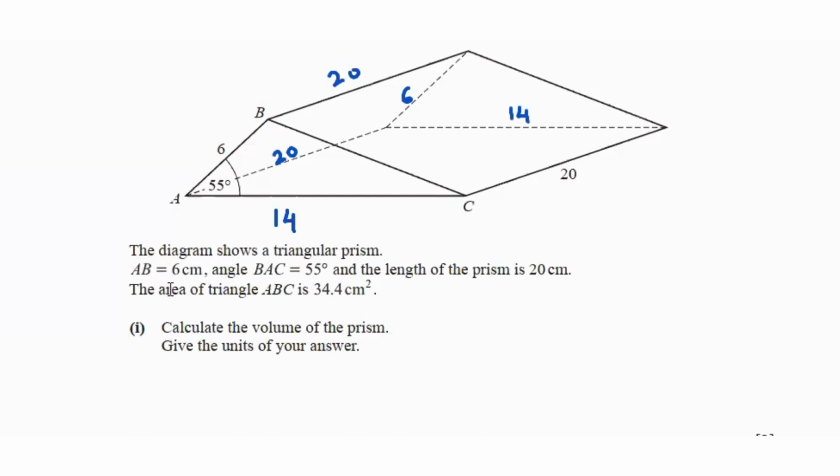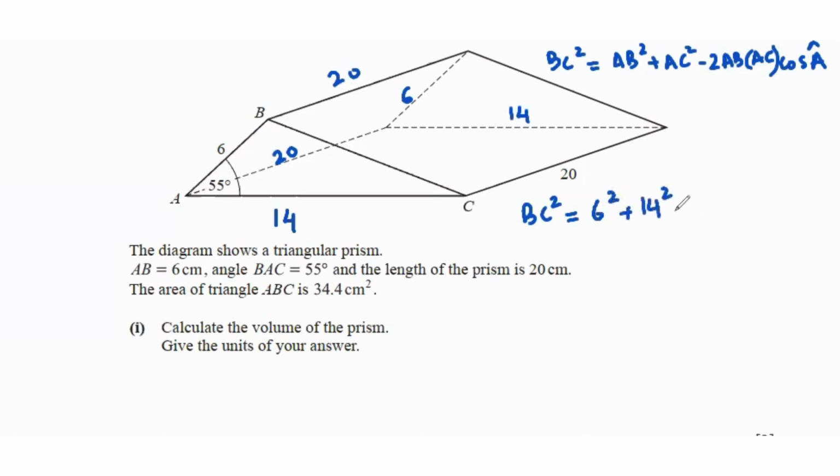To find the length of BC, we'll use the cosine rule. That's going to be BC square equals AB square plus AC square minus 2 times AB times AC times cos of angle A. If you plug this in, BC square equals 6 square plus 14 square minus 2 times 6 times 14 times cos of 55.